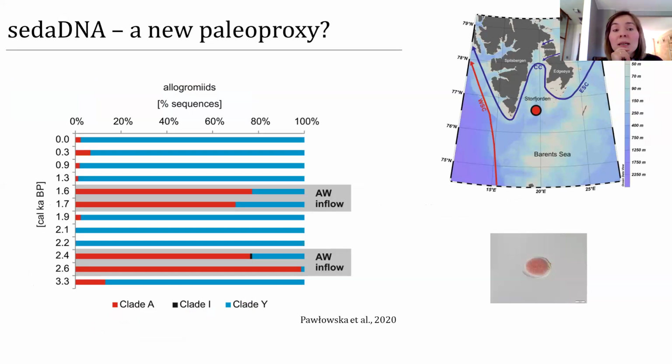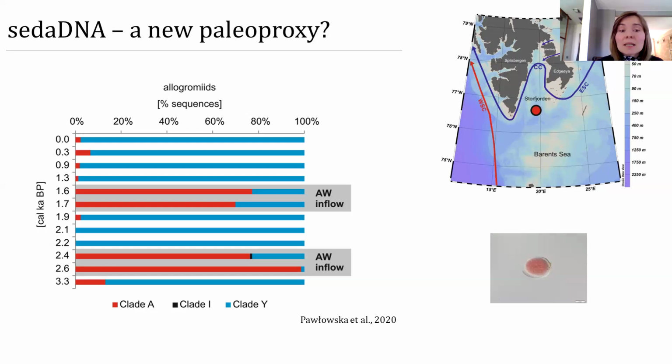Also, we can go deeper in this record. Here you can see an example of the record of allogromids. This is one of the groups of monothalamous foraminifera, like the one in the example here. These are these tiny guys. This is the core from Storfjorden spanning the last 3,000 years.